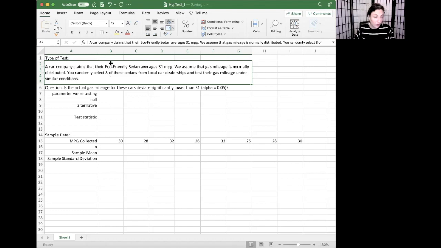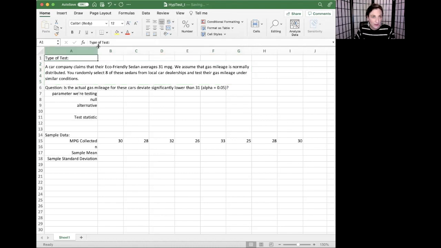So what do we know when we have a small sample size, but we assume normally distributed? We can use the t distribution, right? So our type of test here is a t distribution test of the population mean.